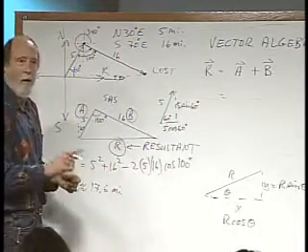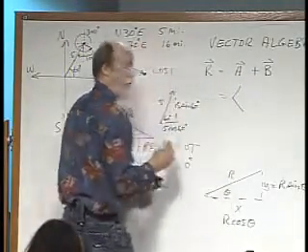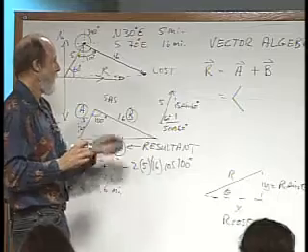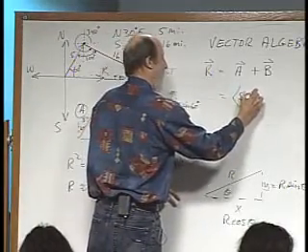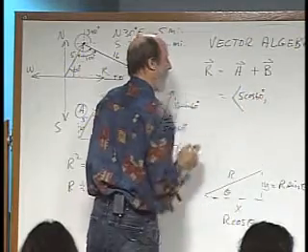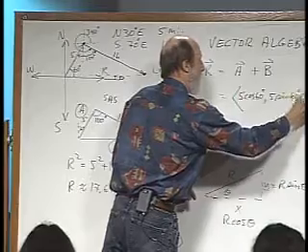Okay? And remember what I wrote earlier. I showed you how to write vector components. So this 5-mile leg is made up of 5 cosine 60 degrees as the x part of it, and 5 sine of 60 degrees as the y part of it.